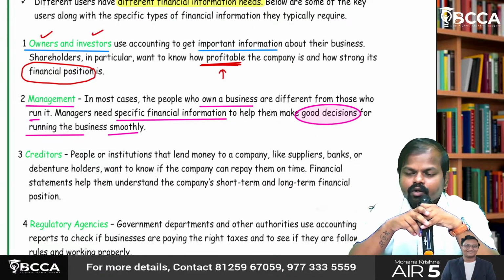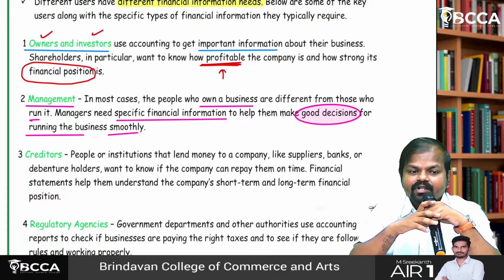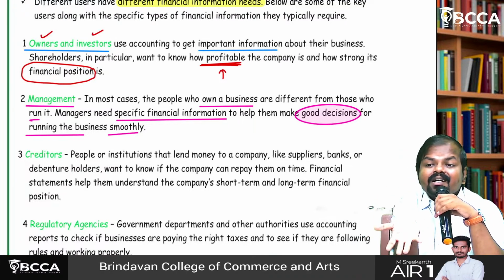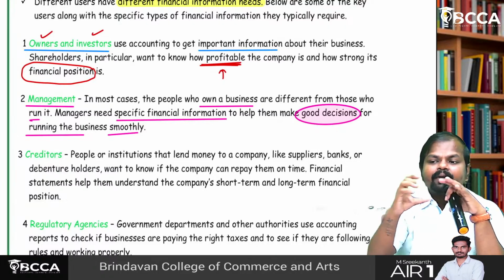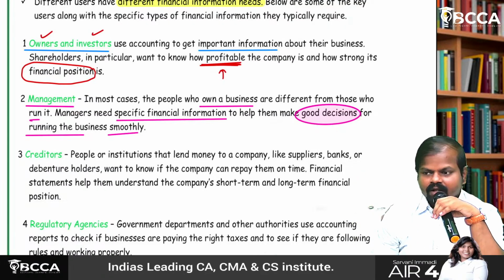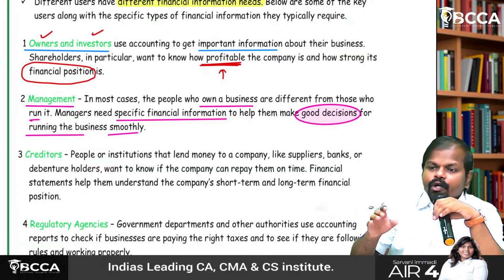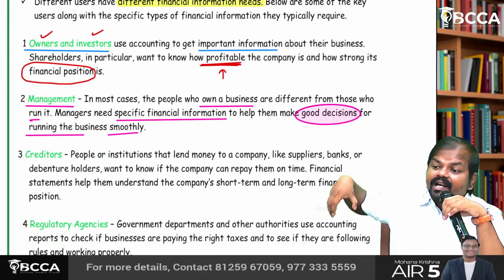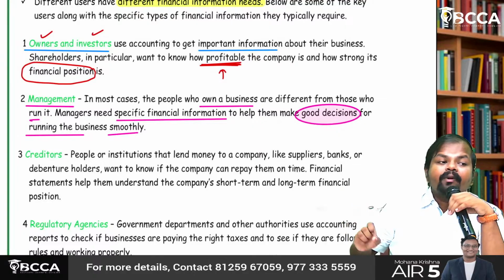Correct? As management, what information do you want? How much reserve is there in the name of depreciation? Clear? During the life of the machine, we accumulated depreciation of 5 crore.